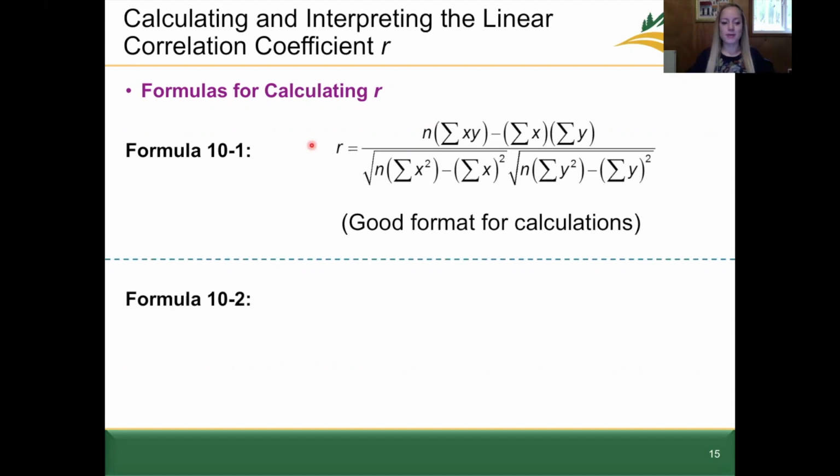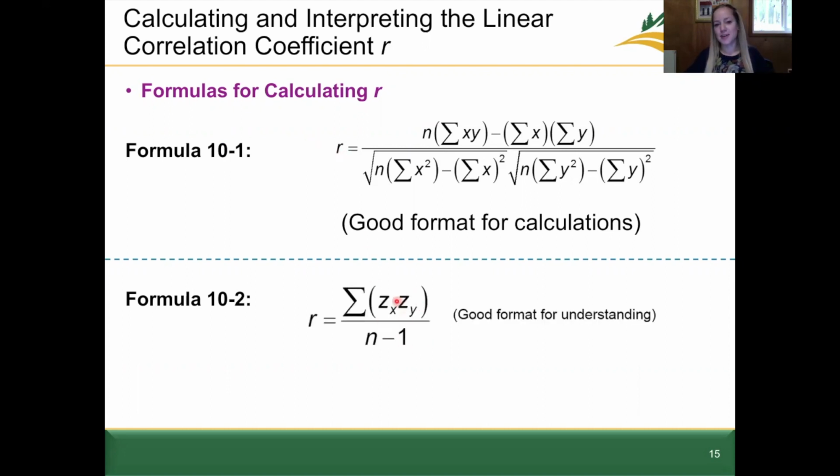Now for formula 10.2. It looks a little less complex, but now we've introduced this z value here. In order to use formula 10.2, we need n again, but we also need this z subscript x and that z subscript y.